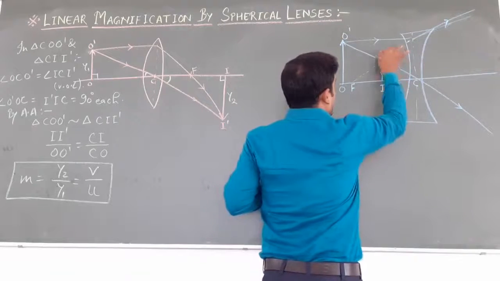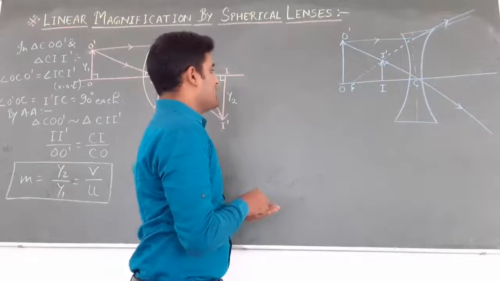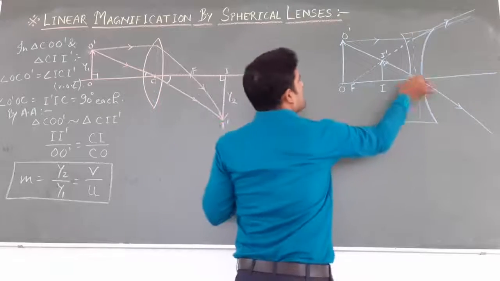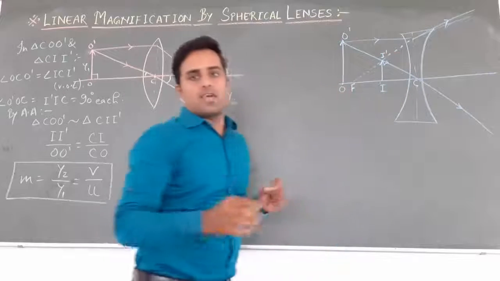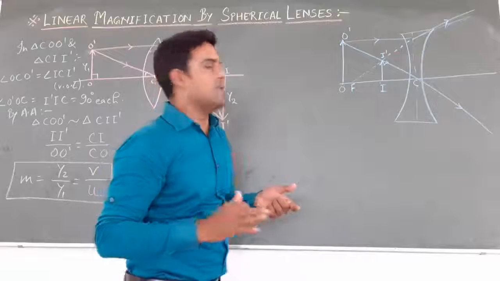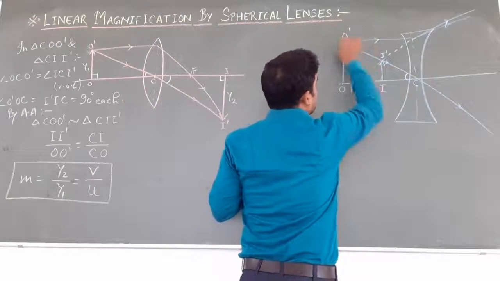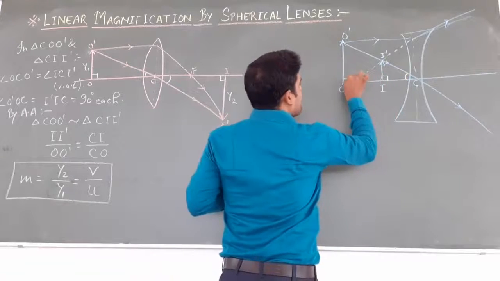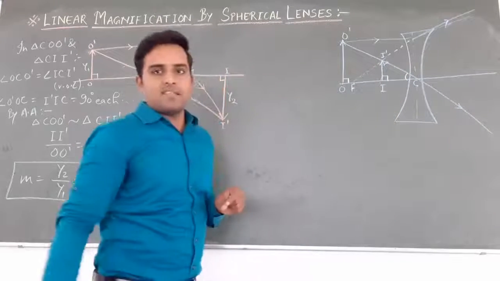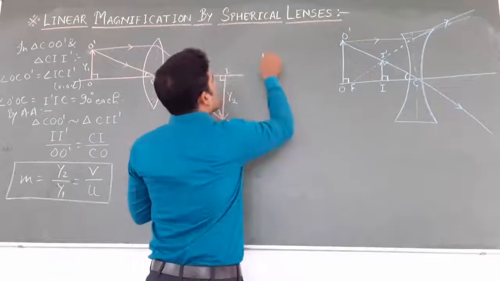Again, two triangles you will consider: triangle CI dash I and triangle CO dash O. We will prove them similar. How? Angle C is common in the smaller triangle and the bigger triangle, and both make a 90 degree angle with respect to the principal axis. So by the angle postulate, these two triangles become similar.